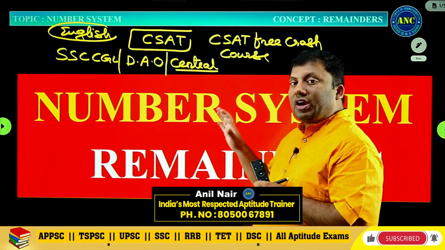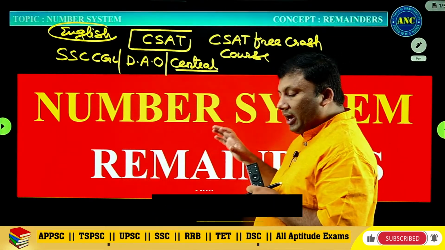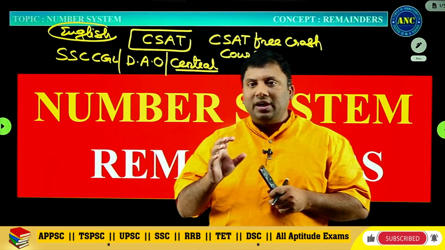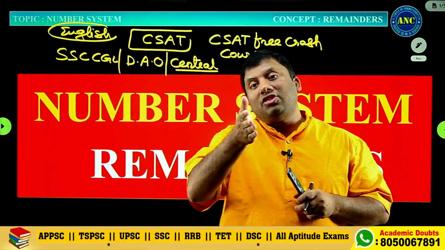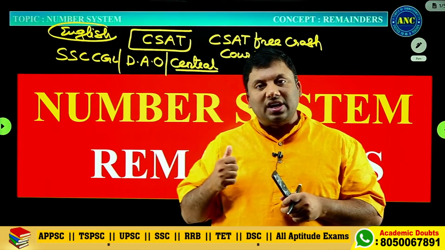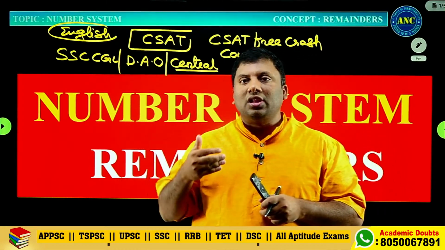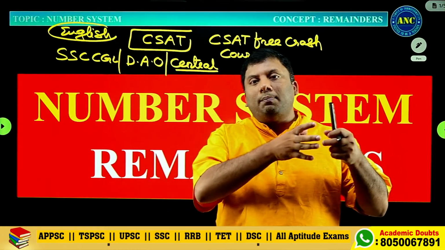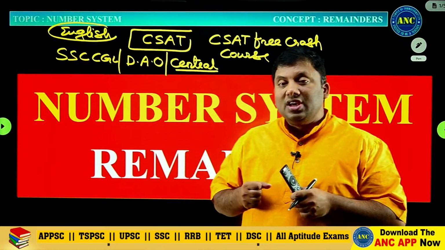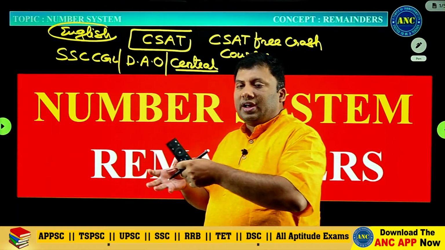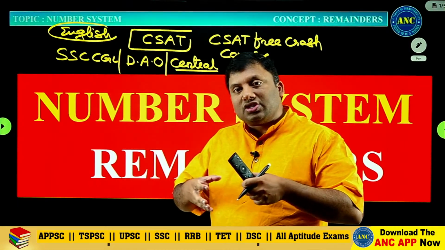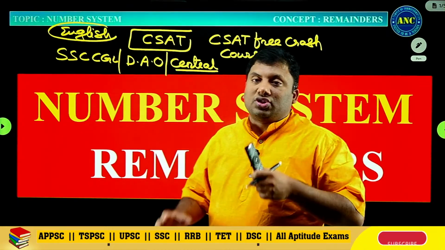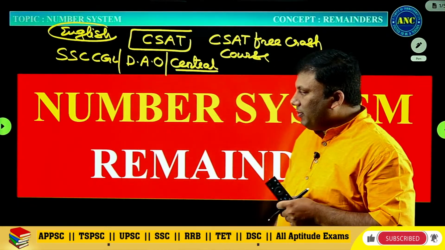So today the topic of discussion will be reminders. After reminders, I took a particular topic from where the old questions of CSAT are coming and I collated all the questions. Some questions are from previous year papers, some questions I also included on the reminders topic from other examinations, and some questions are the most expected questions that might come in number system reminders.